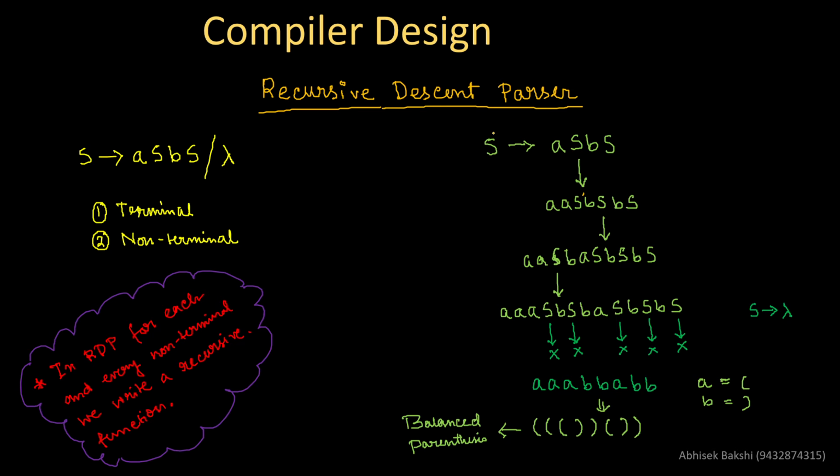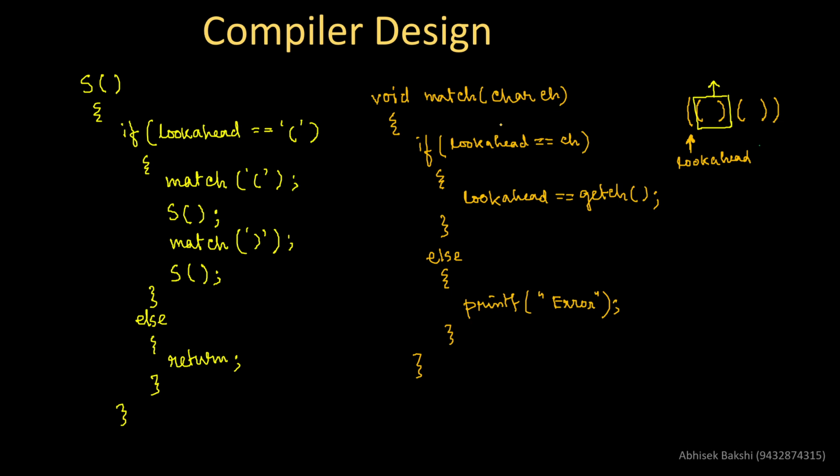Someone must call this S, right? So that means side by side we must have a main function also, and that main function will basically call the S function.